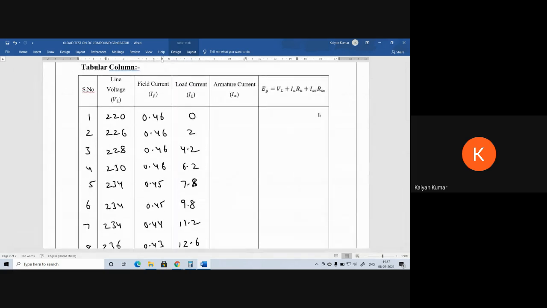Adding these two, we are going to get the armature current. So armature current values we are going to calculate in this fashion.